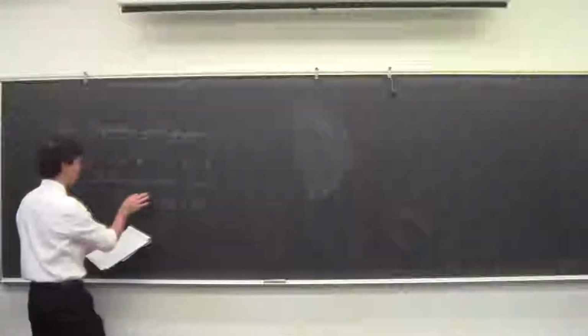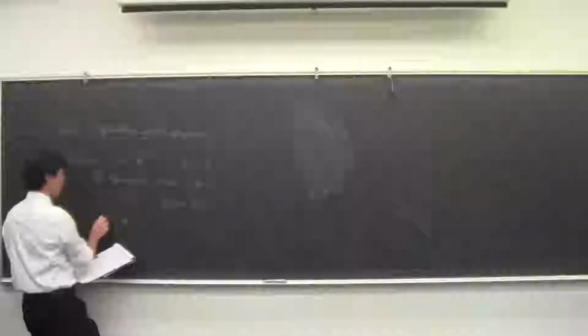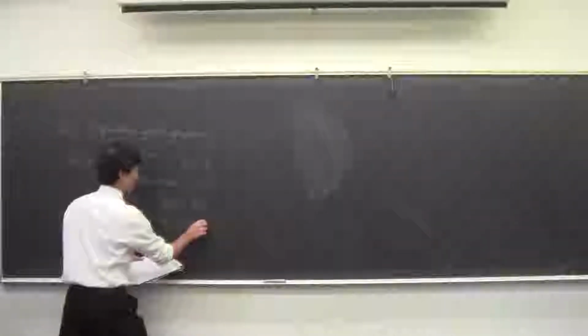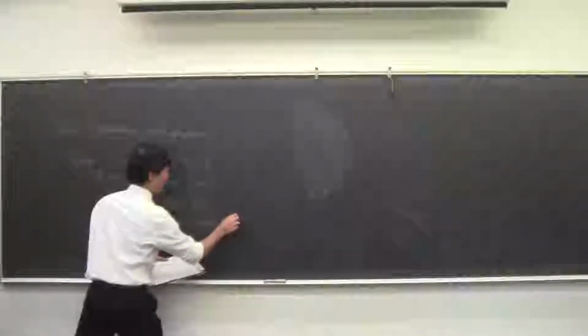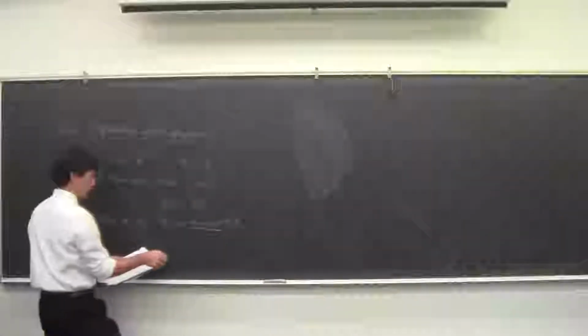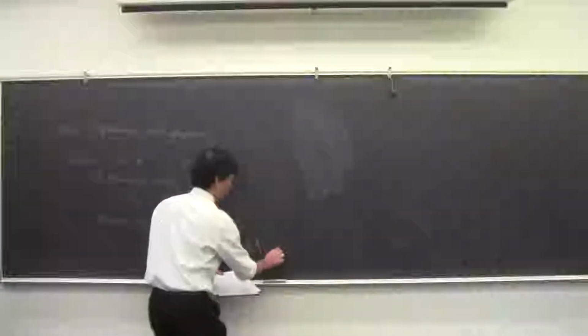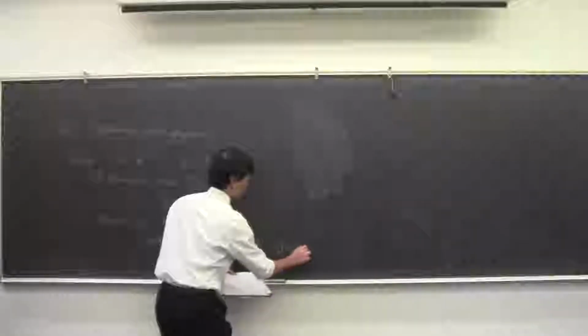So if there's a non-zero vector with this property, then we say that lambda is an eigenvalue of A, and that v is an eigenvector of A with eigenvalue lambda.